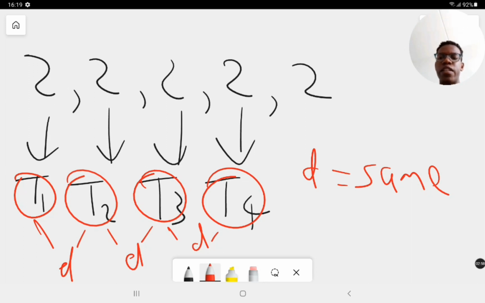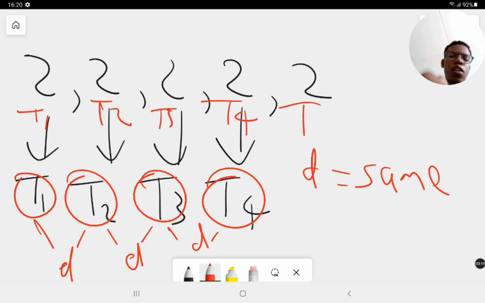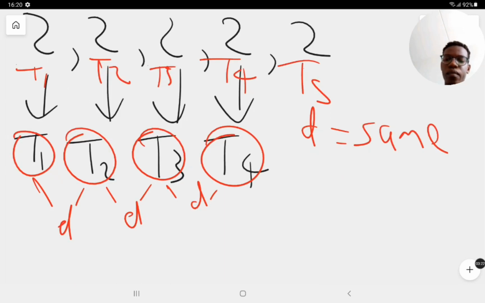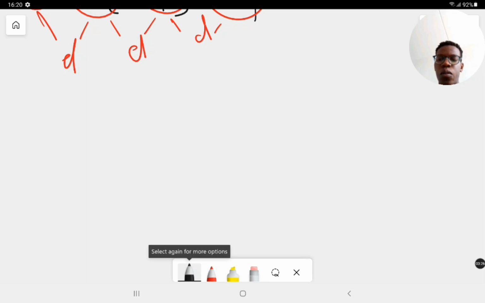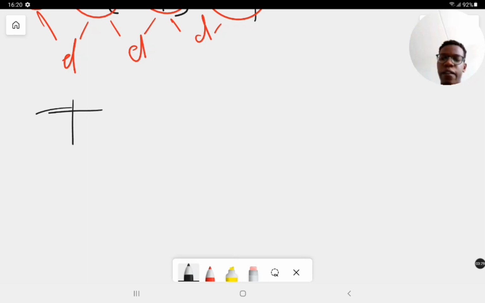So in this instance, T1 is equal to 2, T2 is equal to 2, T3 is equal to 2, T4 is equal to 2, and T5 is equal to 2. Now, in this case, note that all the terms are equal, but T5 minus T4, for instance, what is T5 minus T4?